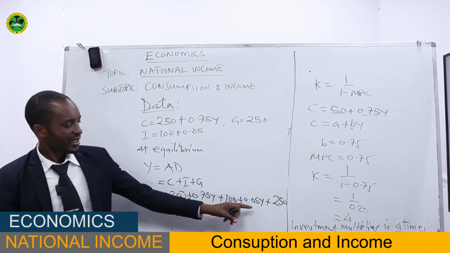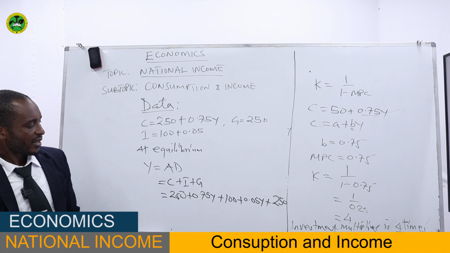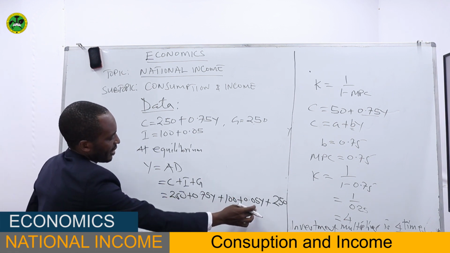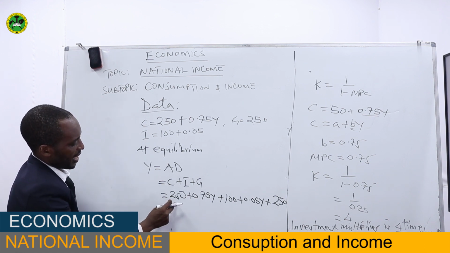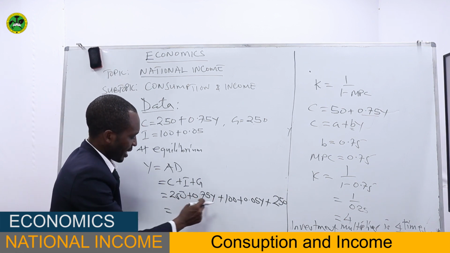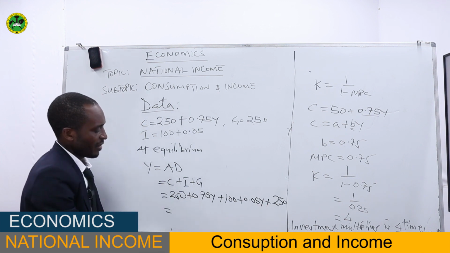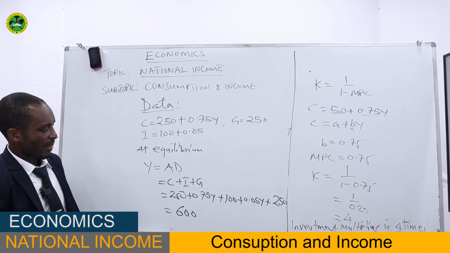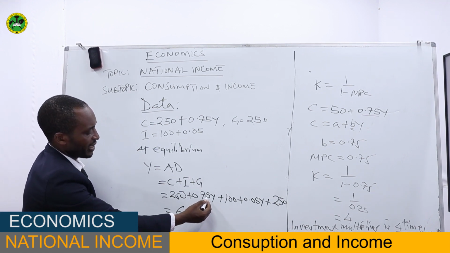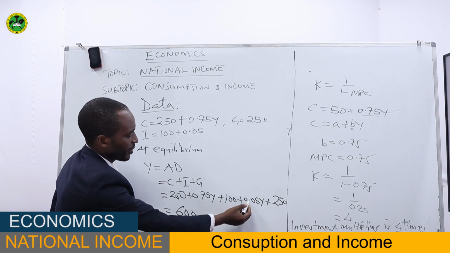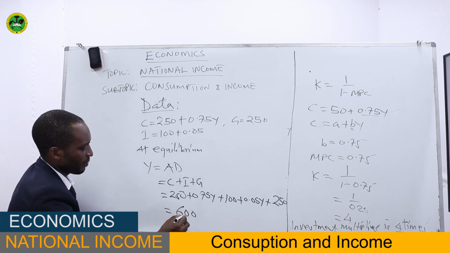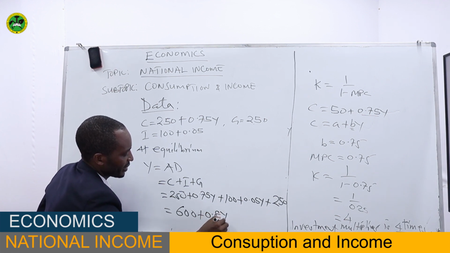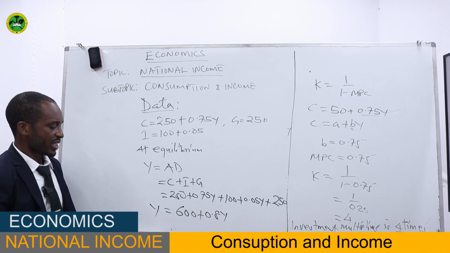Now you can add these numbers. 250 plus 250 will be 500, plus 100 will be 600, and 0.75Y plus 0.05Y will be 0.8Y. So our equation will be like this.